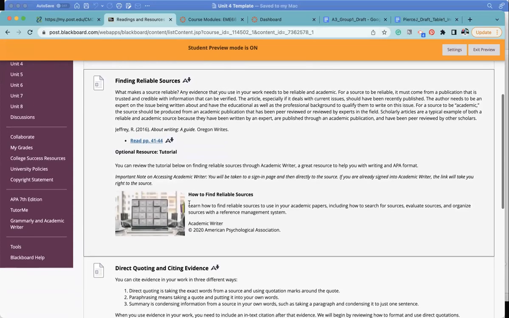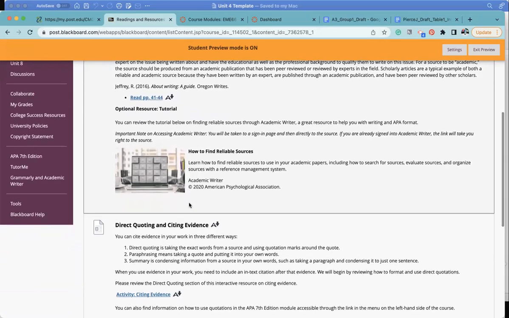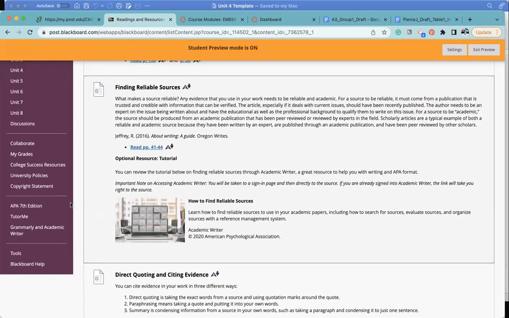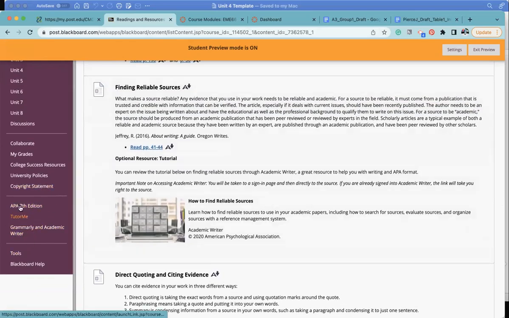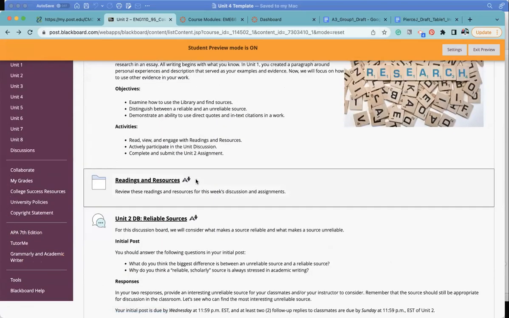You also have a tutorial about finding reliable sources through Academic Writer, which is one of the resources in our class. If you look over on the far left-hand column, you'll notice over here with the other help items, APA 7th edition, Tutor Me, then you've got Grammarly and Academic Writer. And I really encourage you to dig into these resources, because they can be super, super helpful.